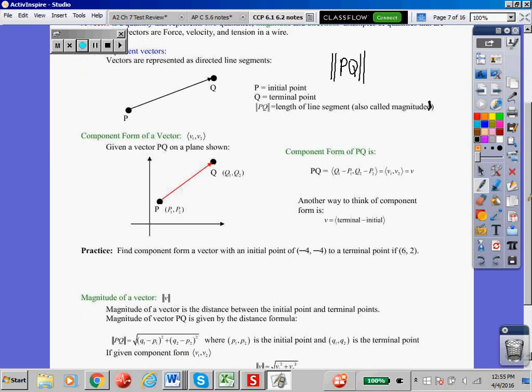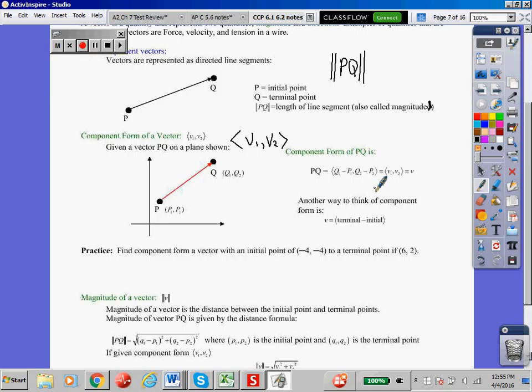We have component form of a vector is, and I want you to also notice these are weird parentheses. They're pointed, okay? So if you have a vector PQ, the initial point is P sub 1, P sub 2. The terminal point is Q sub 1, Q sub 2. Well, component form actually takes it and slides it to the origin, and the way that you do that is you just subtract the terminal minus the initial.